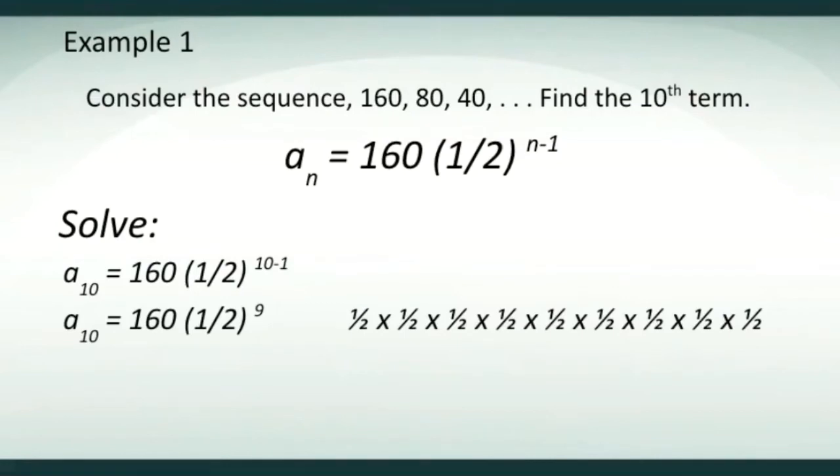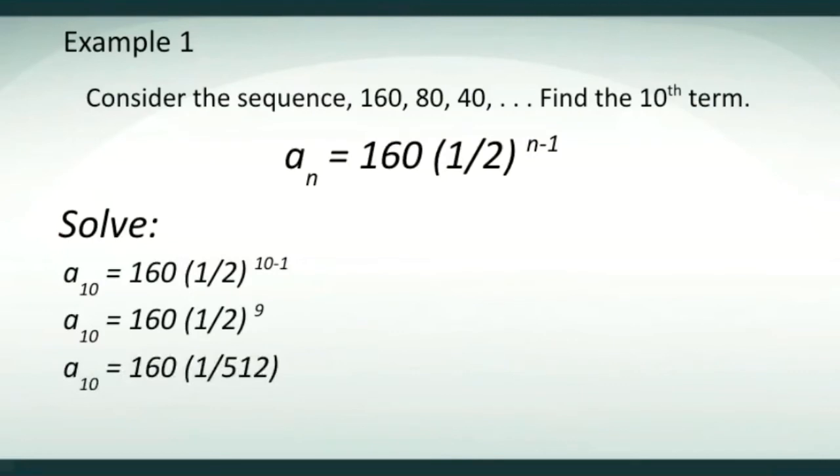Like this, 1/2 times 1/2, 9 times. You might have a wrong concept of the exponent when you multiply it. It is not 2 times 9. It should be multiplied by itself 9 times. That's why your answer should be 1 over 512.